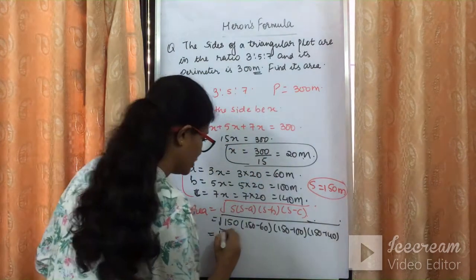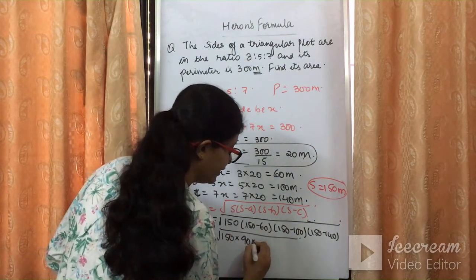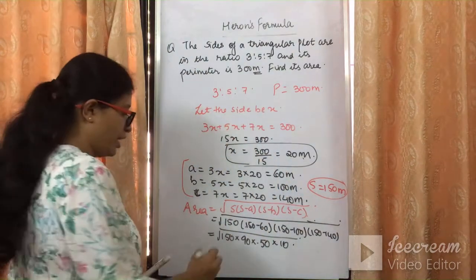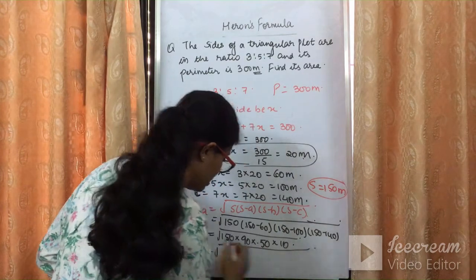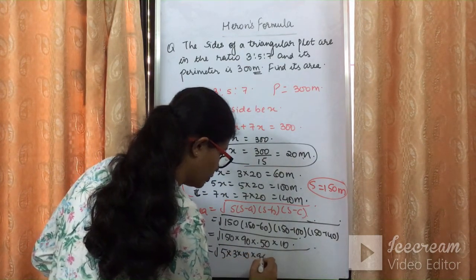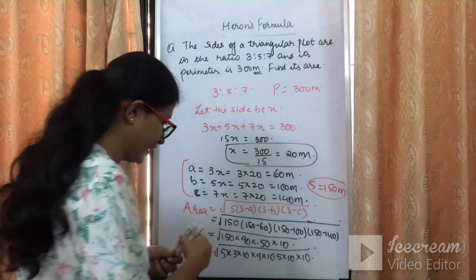So let's see what the answer is. 150 into 90 into 50 into 10. Now can I club it like 5 and 2, 3 into 10, 9 into 10, 5 into 10 into 10. So what all can I take common?